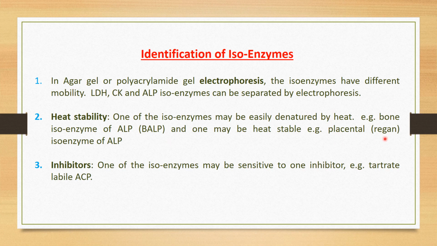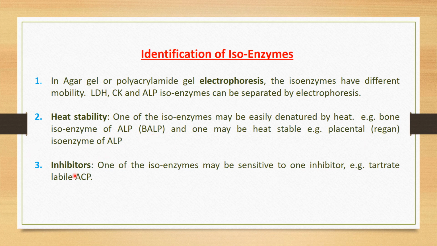One example is placental isoenzyme. So bone isoenzyme and placental isoenzyme may be separated by heat. If you gradually heat the enzymes, first the bone isoenzyme will be destroyed, and after increasing the heat, the placental isoenzyme will be destroyed.